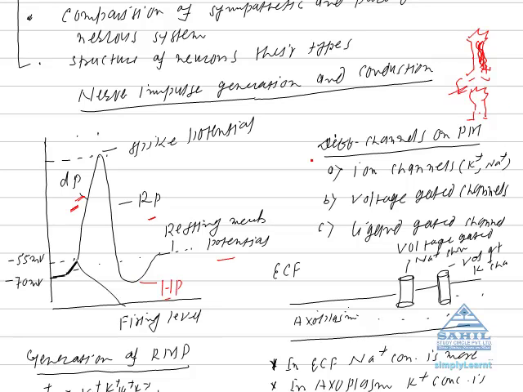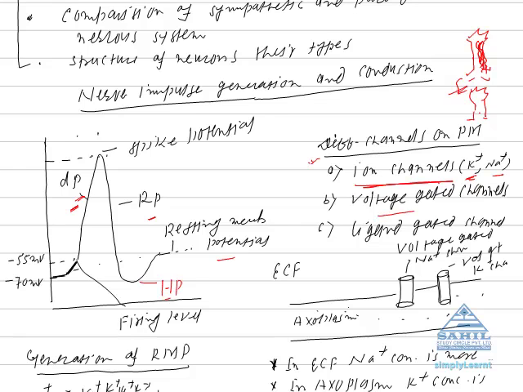Certain other important aspects are the different channels on the plasma membrane. The plasma membrane contains different types of channels. One is the ion channels, which are potassium channels and sodium channels, through which ions diffuse. The plasma membrane contains more potassium channels than sodium channels.